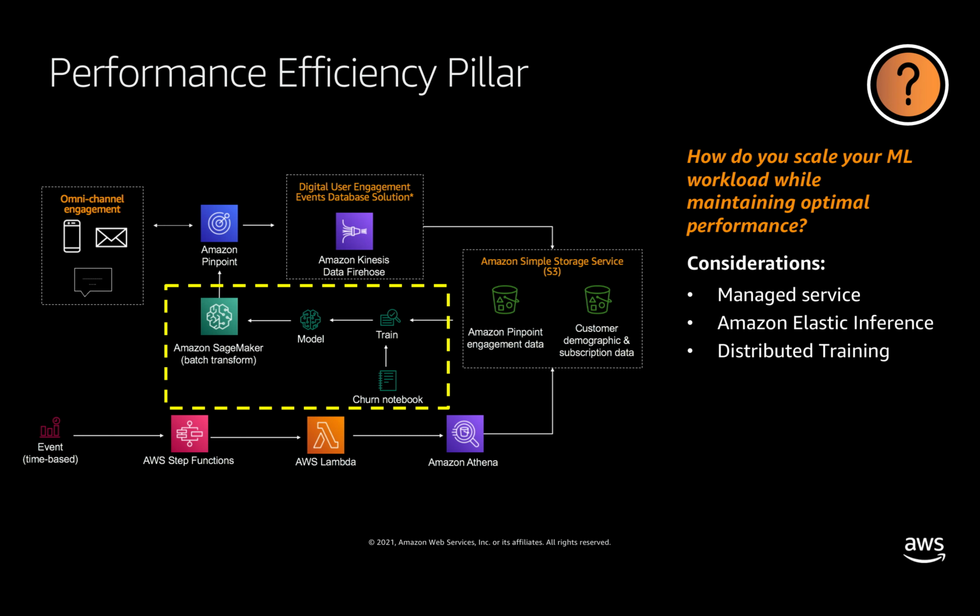Another consideration here would be to take advantage of elastic inference as applicable. This is a great option for hosting your models on CPU while still being able to tap into the power of GPU when you need it. In this case, we're running XGBoost on CPUs in batch mode, so this one doesn't really apply to our workload.